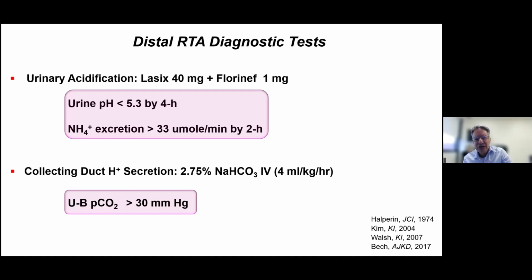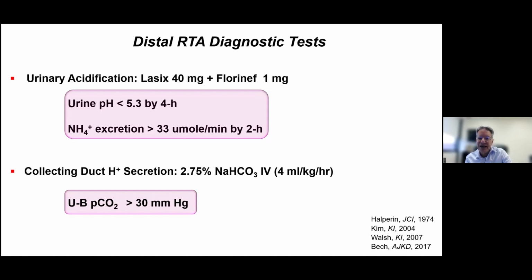But he thought, well, what if I flood the collecting duct with bicarbonate by giving the patients so much bicarbonate that I exceed the proximal tubule and thick ascending limb's ability to absorb bicarbonate, and now there's a ton of bicarbonate in the urine? Then I should be getting protons that are secreted binding bicarbonate. And I should be generating carbonic acid. Remember the bicarbonate buffer reaction.